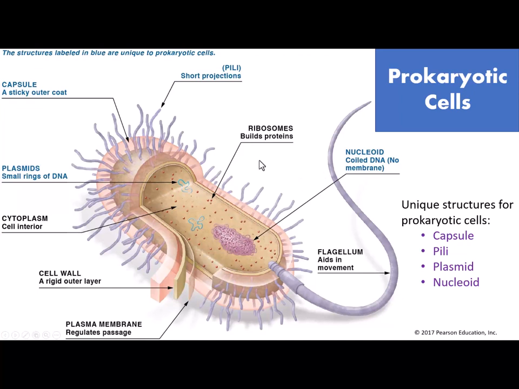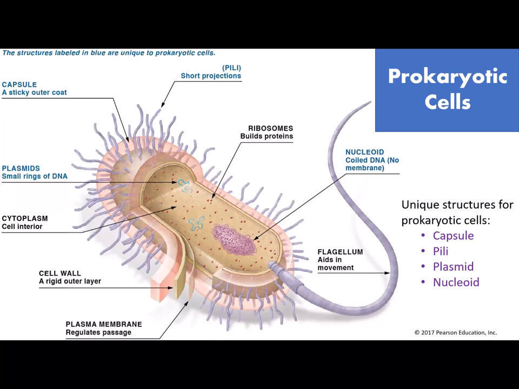Here are similar features that you will find between prokaryotic cells and eukaryotic cells. Ribosomes are our protein factories, where protein synthesis takes place. Our flagellum aids in movement. You also have the plasma membrane, and as we will see in upcoming slides, it is made up of phospholipids.